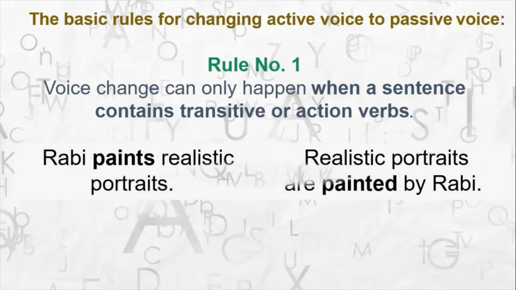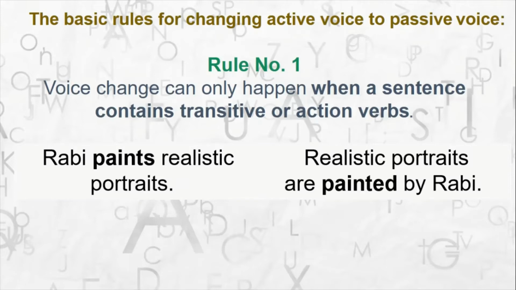For example, look at this example. Rabi paints realistic portraits. So Rabi is actually doing some work of painting. So Rabi paints is in the active voice. I will change it and I will say realistic portraits are painted by Rabi.